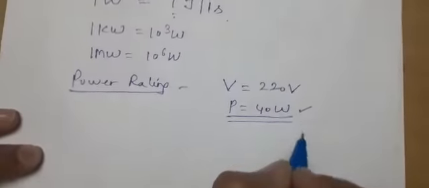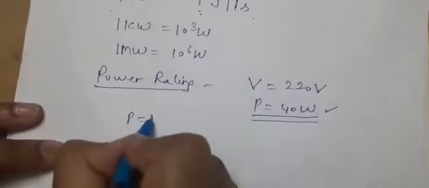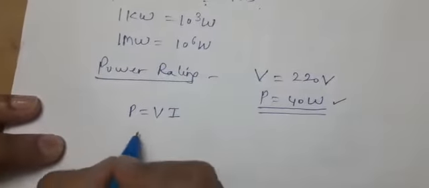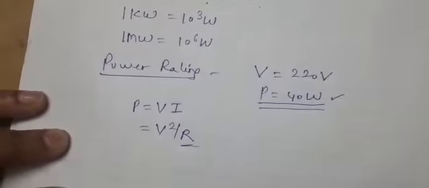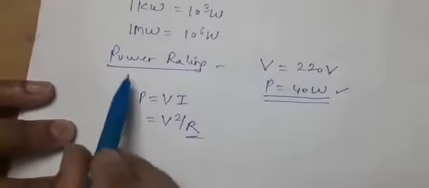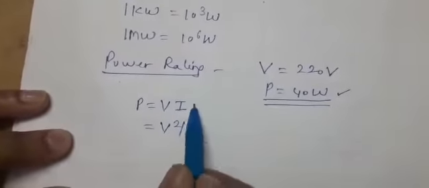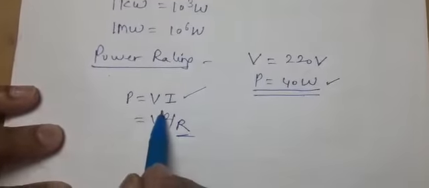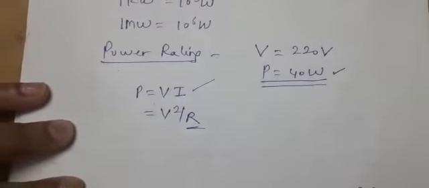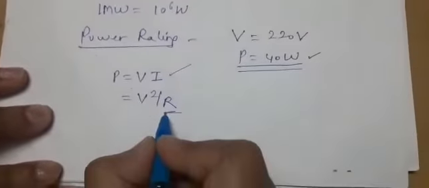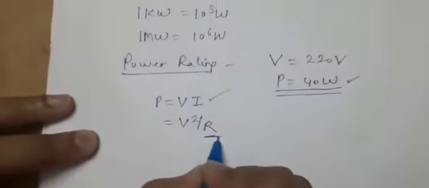On this basis we can calculate the current requirement of that appliance, and we can also calculate its resistance. The power rating helps us find the current flowing through the appliance, provided the voltage we use at home, 220 volt, is always taken to be the same.